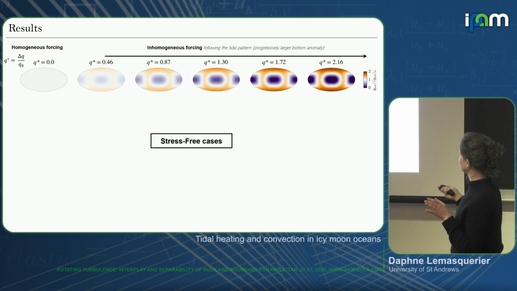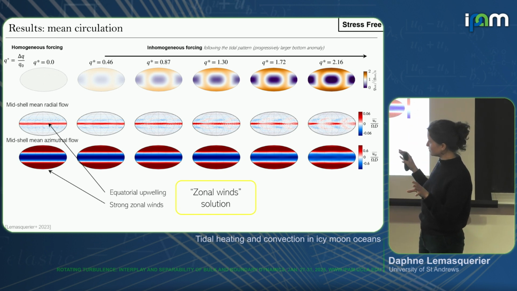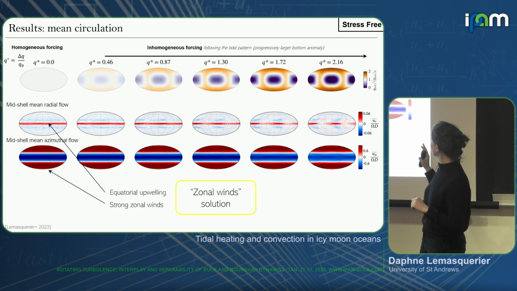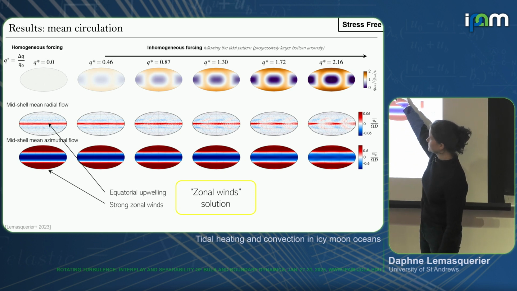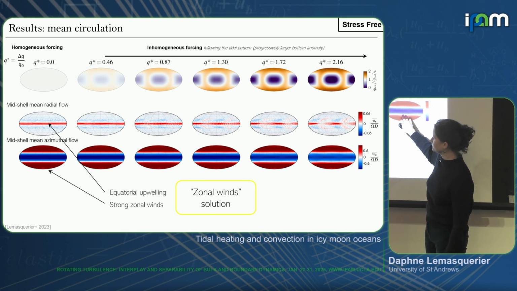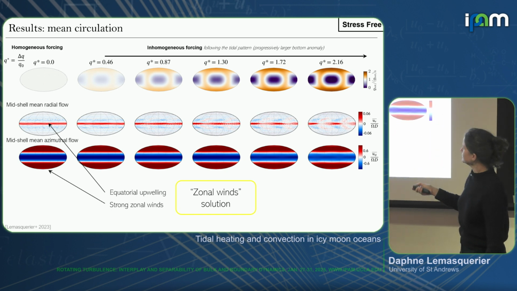If we go for the stress-free cases first, I'm showing here the time average circulation, the mean circulation. The first row shows the radial component of the velocity at mid-depth in the ocean, and the bottom one shows the zonal winds, the azimuthal component of the velocity.